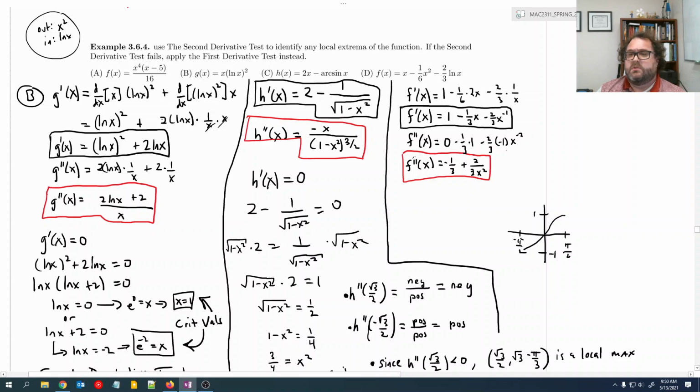So let's move over here and solve f prime equals 0. So that's going to be 1 minus 1/3 x. I am going to change the form to 2 over 3x because that's what the negative exponent does. And usually having negative exponents is a little nicer when you're solving an equation.